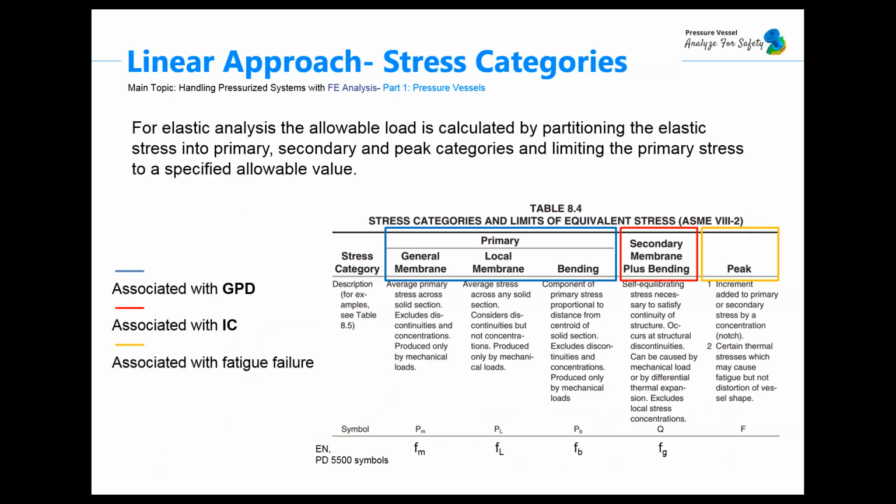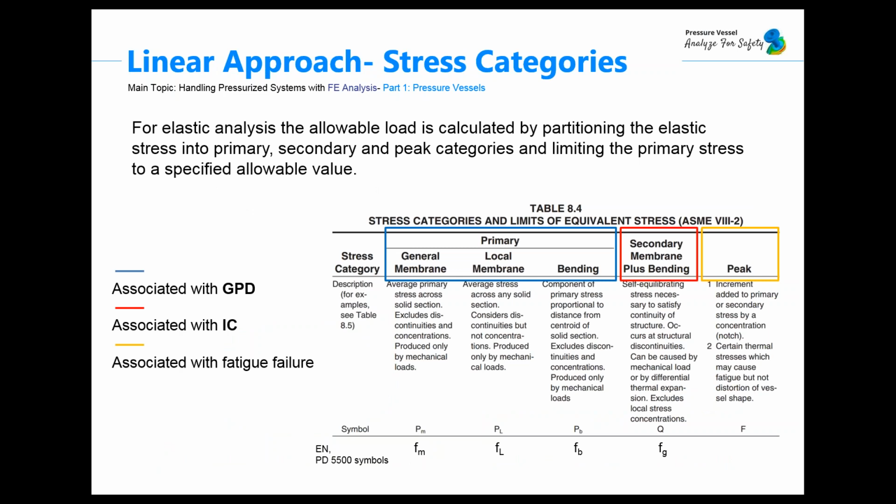Okay, so now let's start to talk about the stress categories. There are 2 approaches to avoid, let's say, gross plastic deformation, and both of them are specified in the code. I'm talking about the linear approach and the non-linear approach.